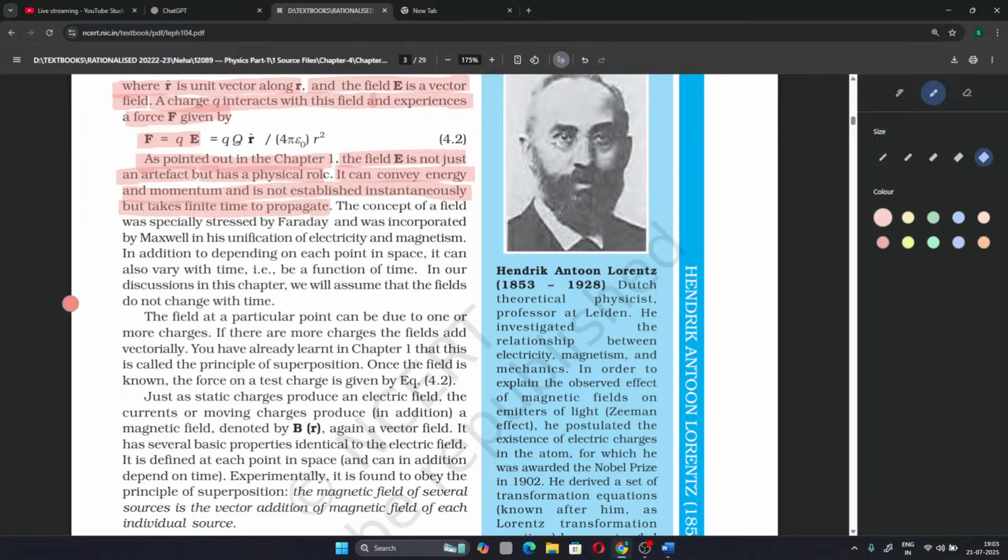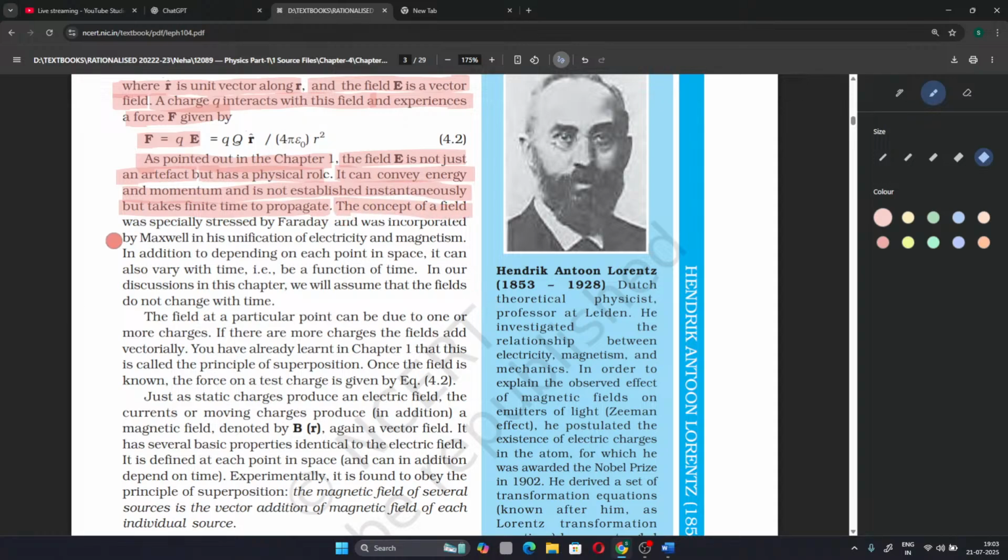Basically, the field E can convey energy and momentum, and this does not happen instantaneously. It happens slowly with finite time required. That is the reason when we place charges in an electric field, the charges get accelerated. This means the charges are getting momentum, they're gaining energy, that is due to the electric field accelerating them. But this does not happen instantaneously but takes some time to happen.